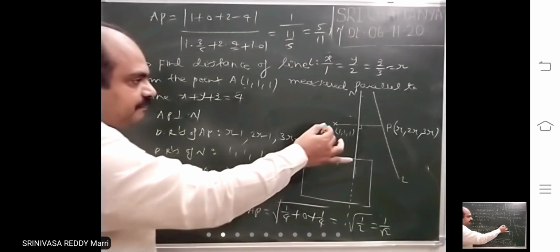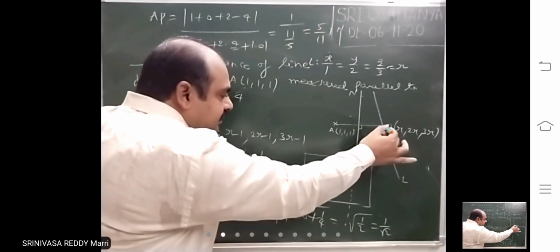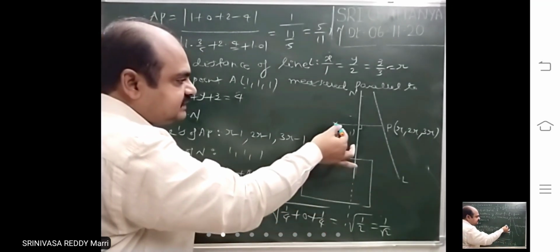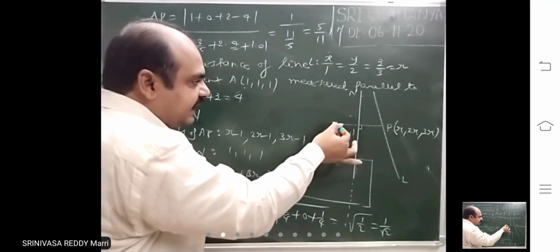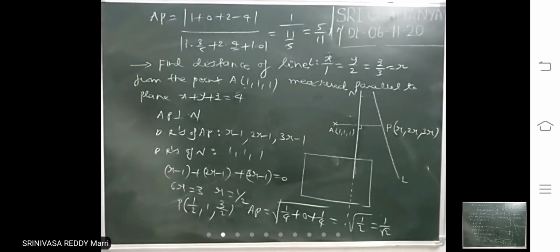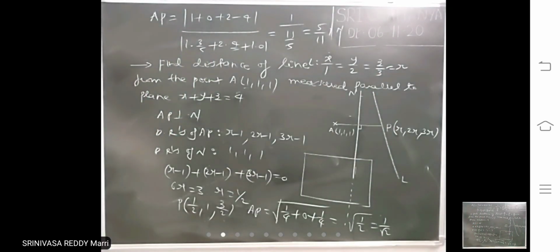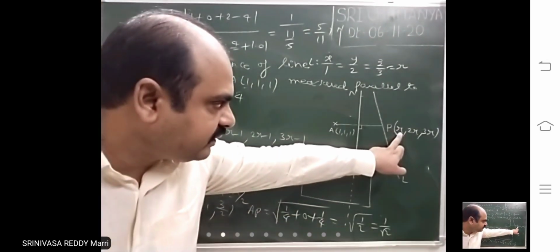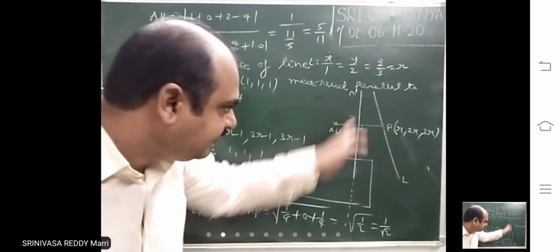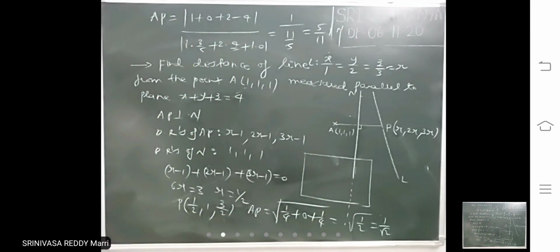Just like that, from point to the line, if nothing is told it means perpendicular distance, but he has told this distance is measured in a direction parallel to the plane. That means perpendicular to normal. So P point you have to calculate. P point I have taken on the line. DRs of AP calculated. That is perpendicular to normal. Use that condition.